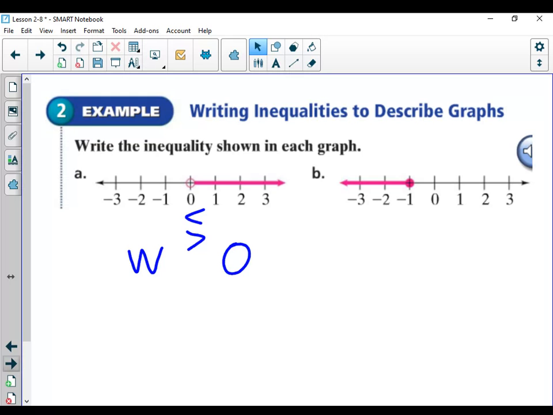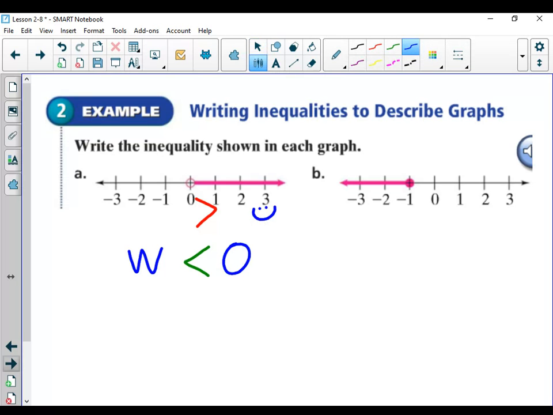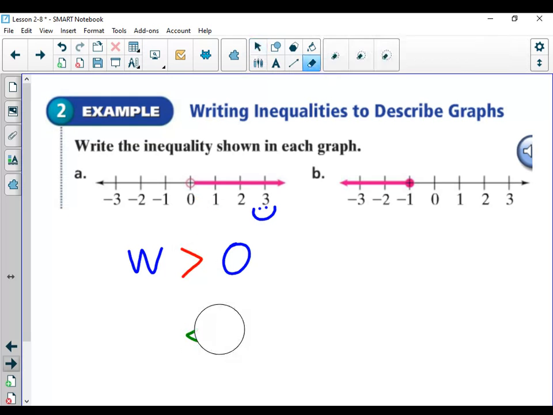And then I'm trying to look at the arrow. Is the arrow showing me what is greater than 0? Or is the arrow showing me what is less than 0? Well, look, is 3 greater than 0? Sure is. So I need the greater than sign.